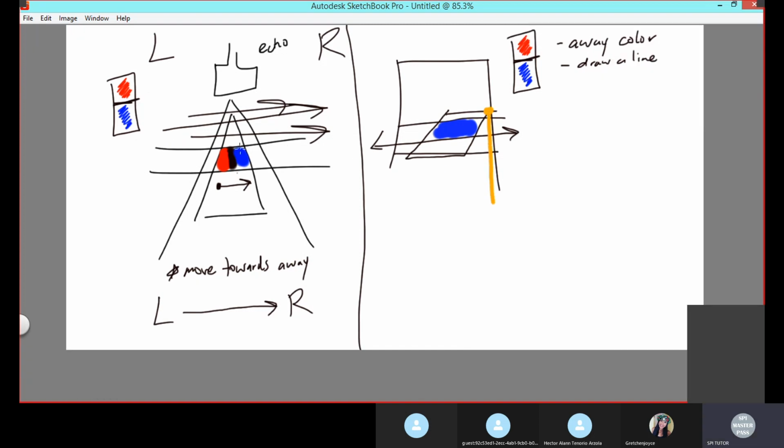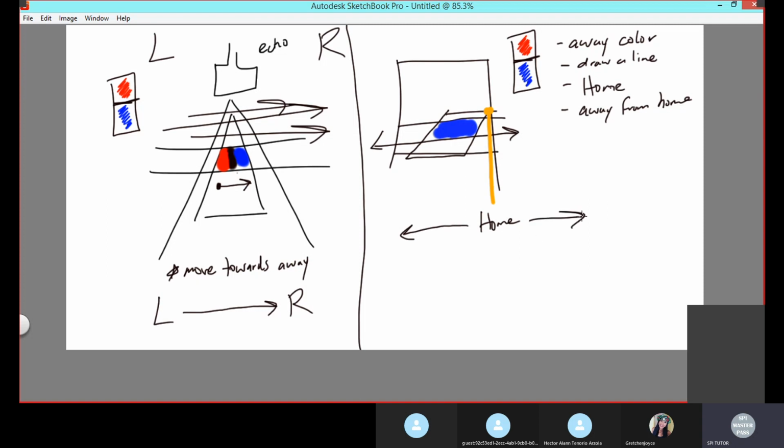Once I do that, this becomes my home. And now just like what the color says, you're going to move away from home. Right where the color is showing.